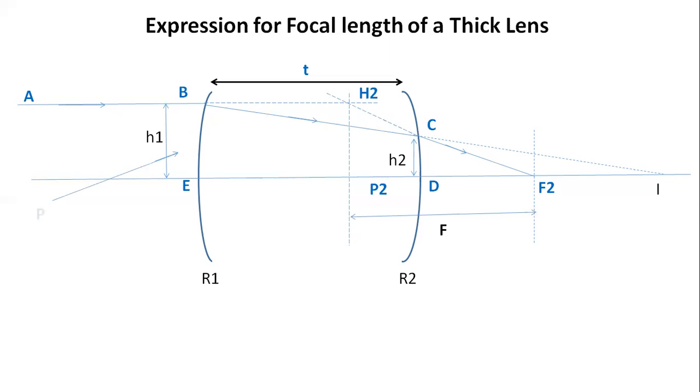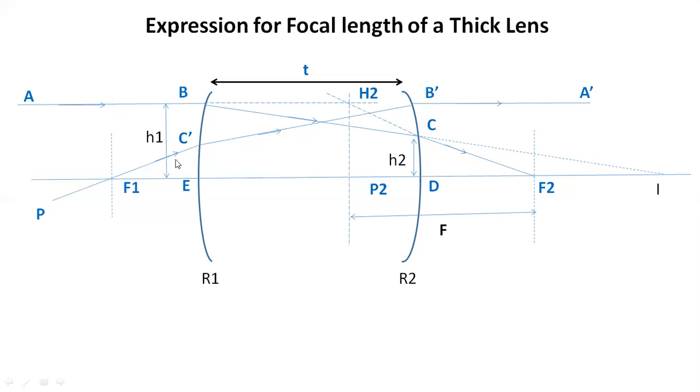Here PC dash is the incident light and refracted along C dash B dash, and B dash A dash is the refracted light from the second spherical surface. Here F1 is the first focal point, and at the first focal point F1, I have to draw the plane.